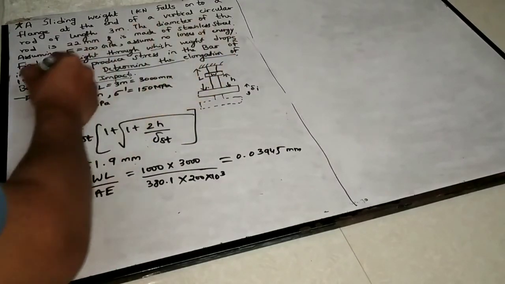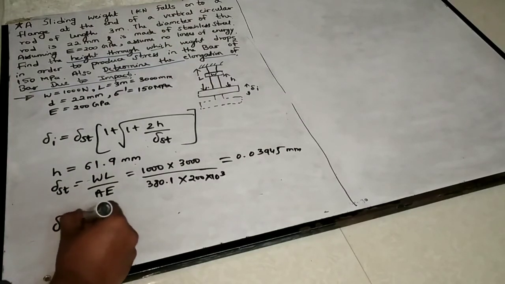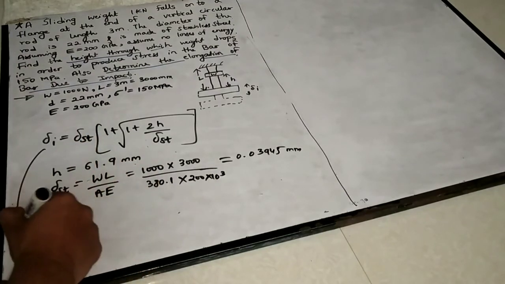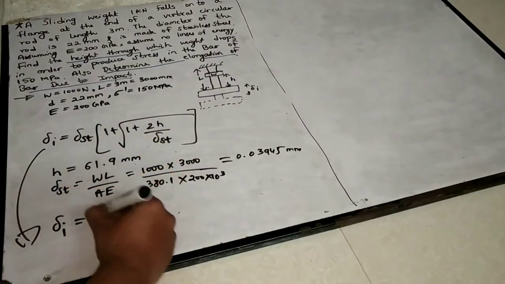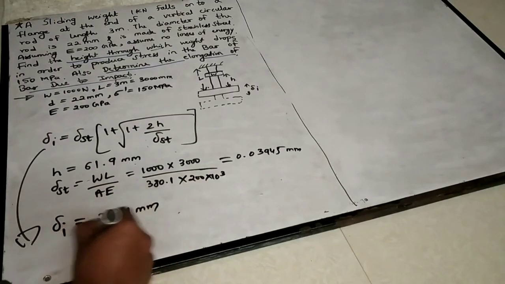So we will be getting, determine the elongation of the bar due to impact. So this is your deflection due to impact load. So how much will you be getting? Substituting these values, 2.21 mm. So this is the answer.